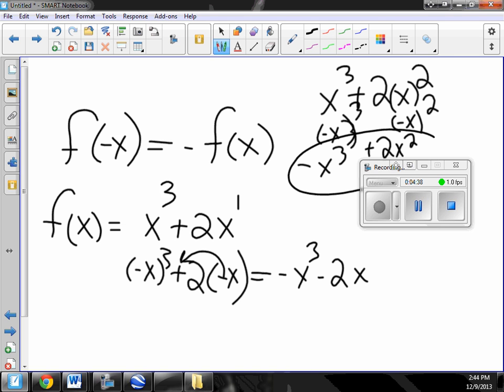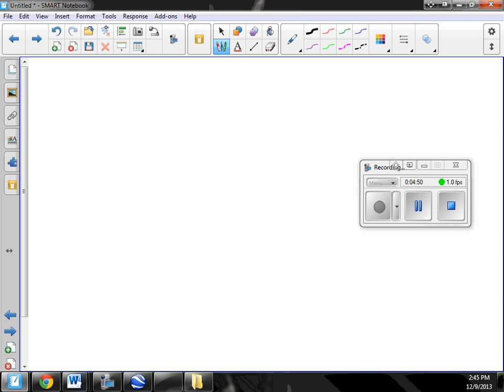Is this the opposite? An odd function is symmetric about the origin.